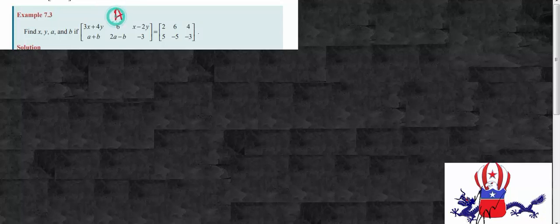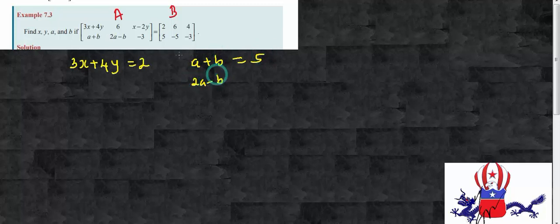Let us assume this to be A and this to be B. It is clearly given that A is equal to B. So that would mean you can now equate 3x + 4y with 2, a + b with 5, 2a - b with -5, and x - 2y with 4. I'm going to take these as equations 1, 2, 3 and 4.